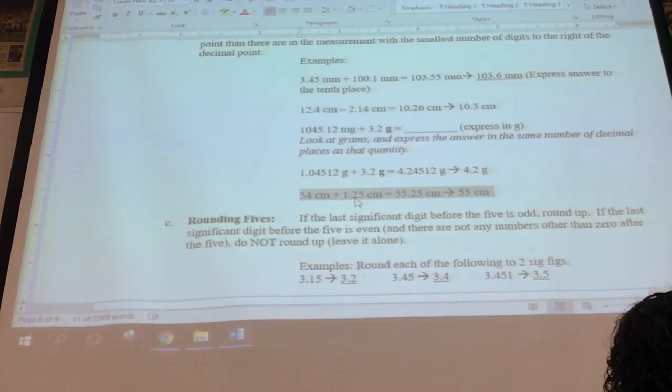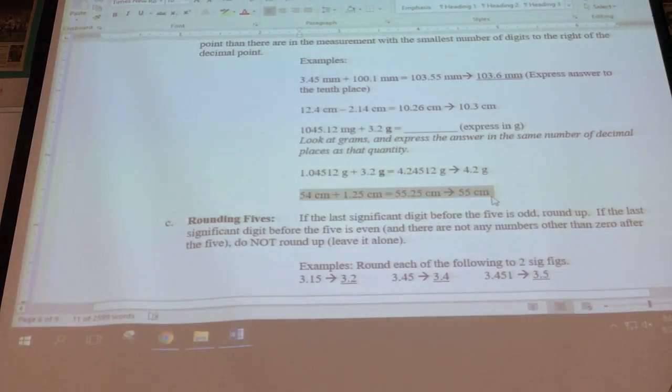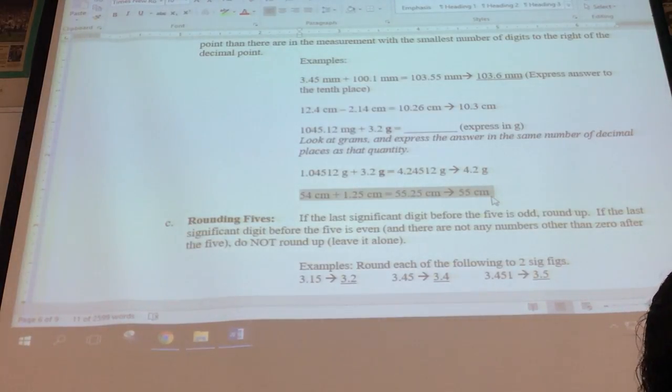How many decimal places here? 2, or to the 100th. So my answer has to be expressed to no decimal places, 55 centimeters. So when you're adding or subtracting, you go to the least number of decimal places. When you're multiplying or dividing, you go to the least number of significant digits.